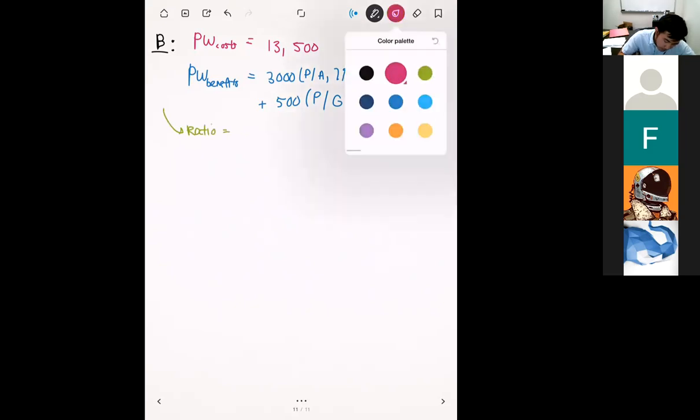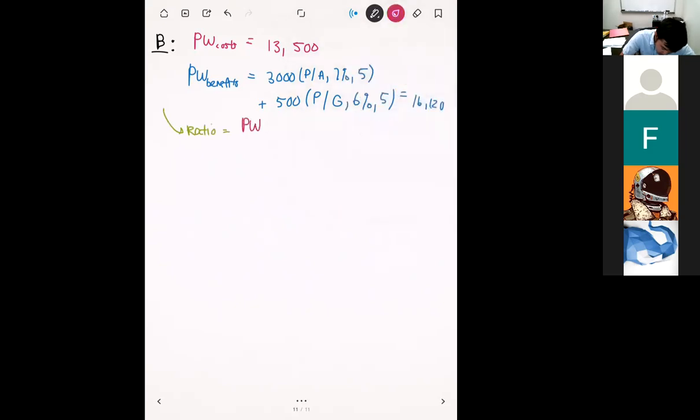The ratio is going to be the present worth of the costs divided by the present worth of the benefits. Oh, sorry, I did the reverse. Present worth of the benefits on top, and on the bottom we have the present worth of the costs.